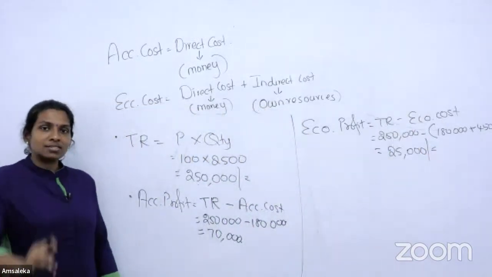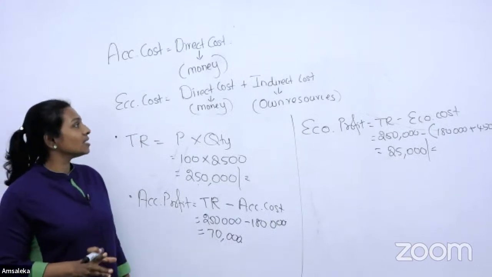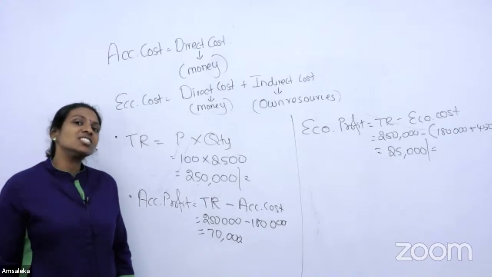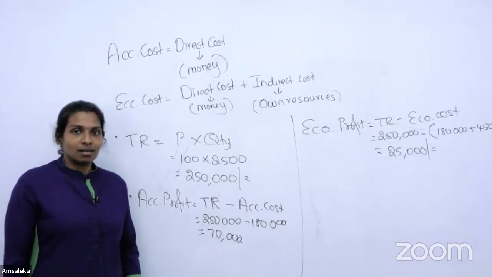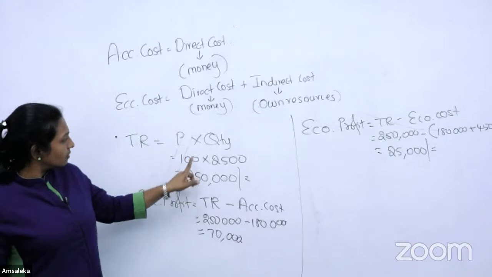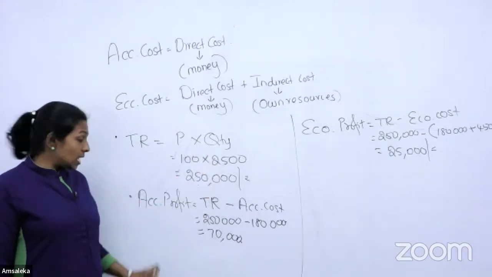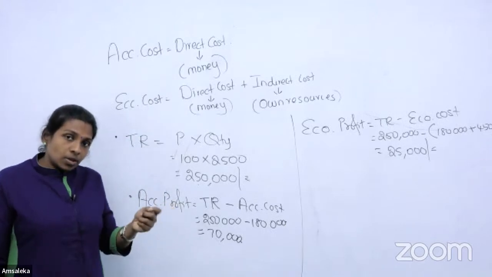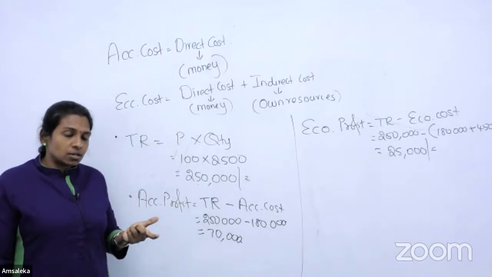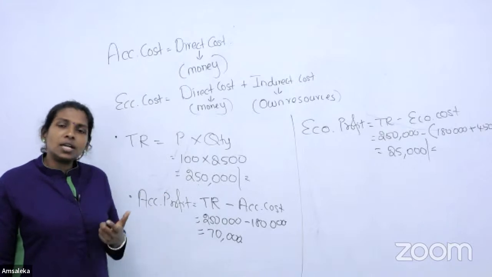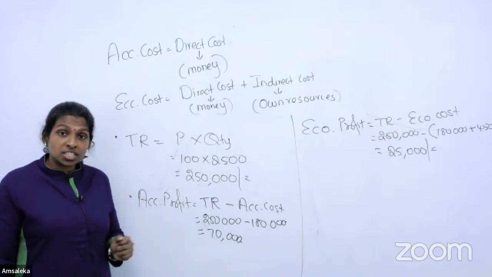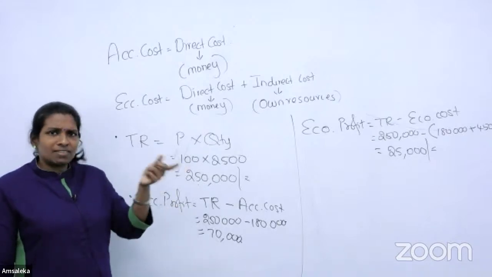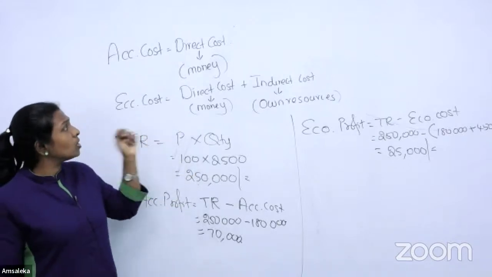Now the summary is given about direct cost and indirect cost from the theory of production. It's very easy to explain. Total revenue means price into quantity sold. Accounting profit is money-wise what you spend directly: furniture, fittings, fuel paid, salary paid, administration paid, marketing paid, anything incurred that is direct.